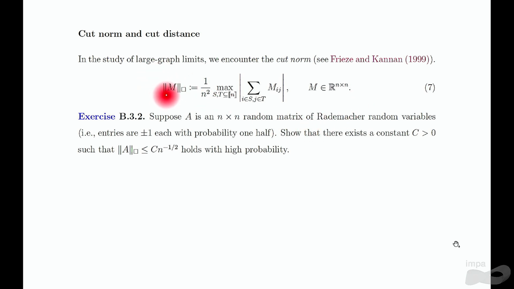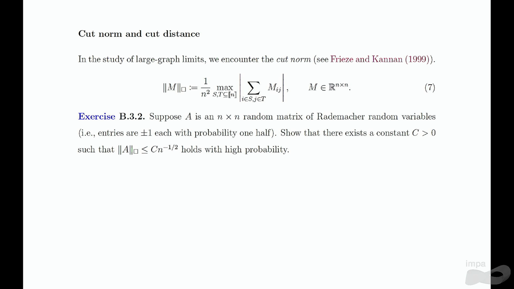Here we have the norm with the hollow square subscript. We claim this is a norm on square matrices, denoted by M generally, where this norm has a normalization factor depending on the size of the matrix, and you're looking at the largest absolute sum over entries M_ij, i belonging to S, j belonging to T, where S and T are subsets of the integers 1 through n.